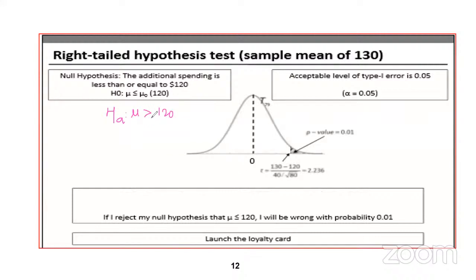Then we'll take an action and launch the loyalty program. Here the alpha value we have considered as 0.05, which is the allowed error, the probability of allowed error. Now here the critical value we have calculated using the t-test is 2.23.